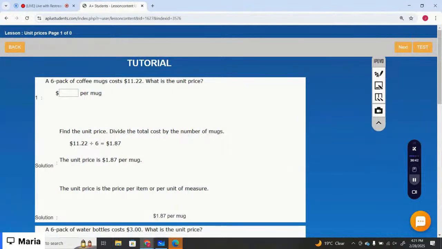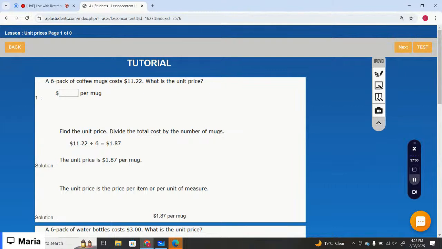A 6 pack of coffee mugs costs $11.22. What is the unit price? You need to calculate the price of one mug.